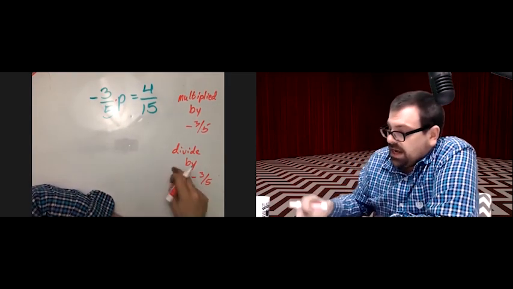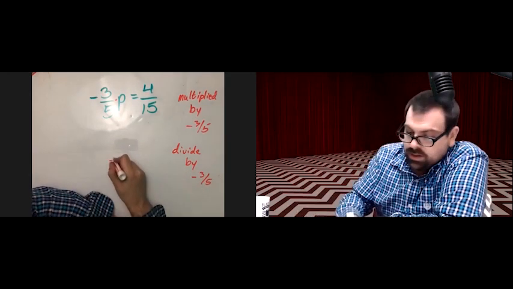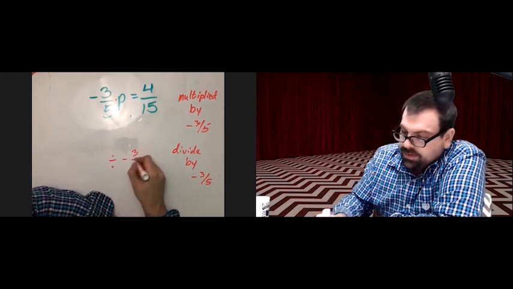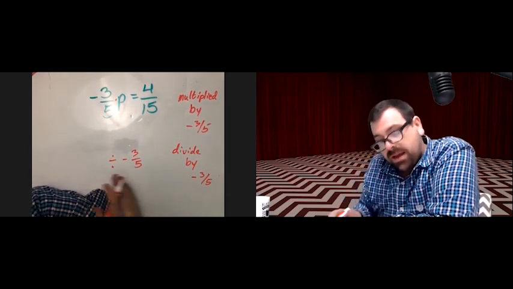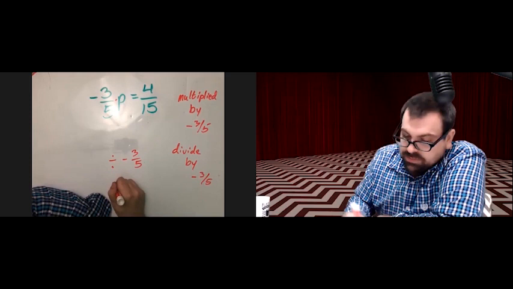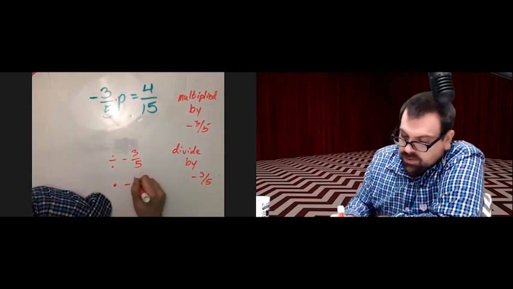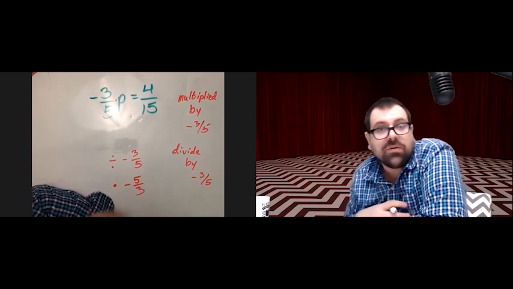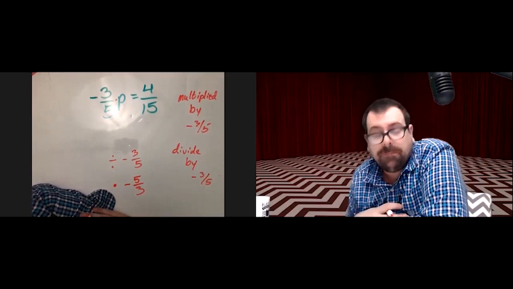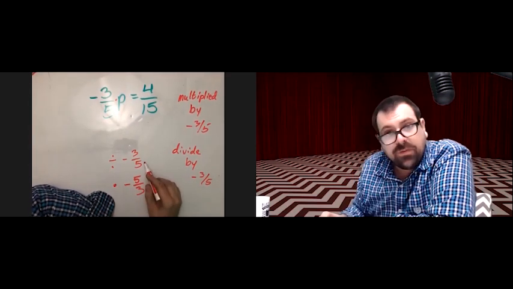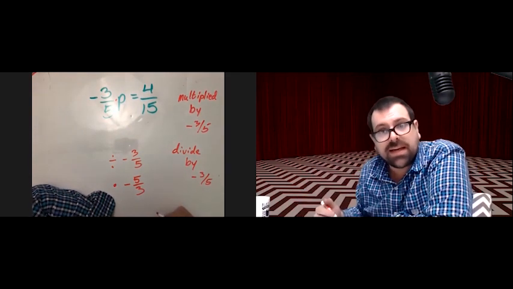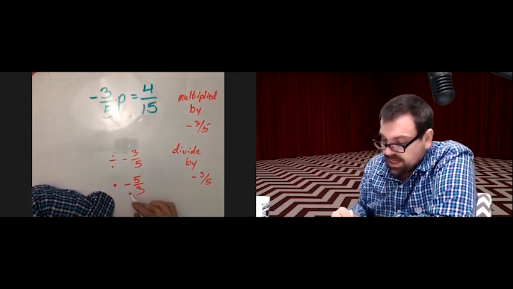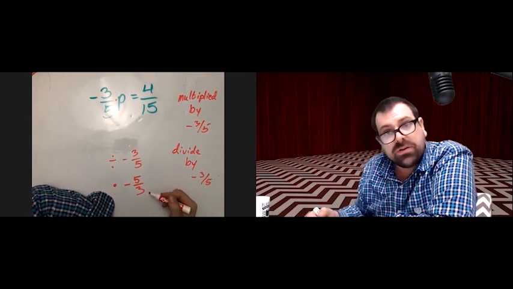We want to divide by -3/5. Remember, when we divide by a fraction, we multiply by the reciprocal. Dividing by -3/5 is the same as multiplying by whatever that flipped upside down is. Multiplying by -5/3.